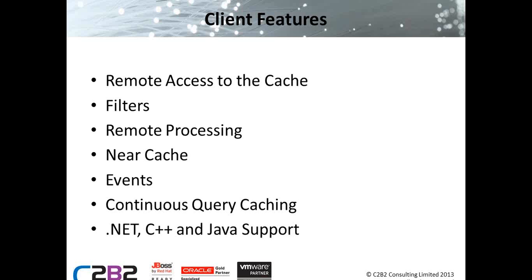So they can use filters, they can use remote processing, they have near caches, in-place processing, they can get events, they can use continuous query caching. But another advantage of Extend clients is that it actually supports .NET, C++, and Java clients. So if you need to integrate your application into .NET clients or .NET websites, then you can take your Coherence Grid and use those clients.